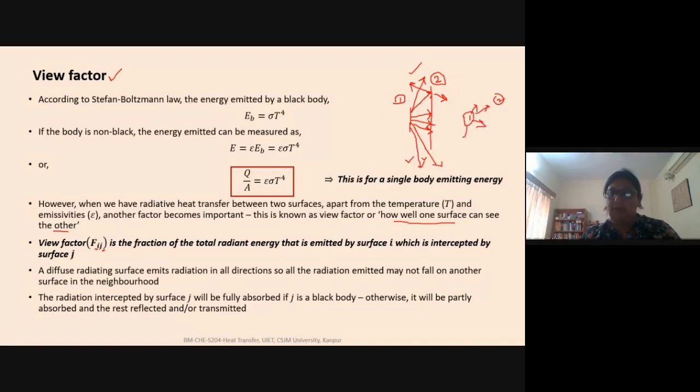But body 1 gives off radiation, especially diffuse radiation, in all possible directions, and not everything necessarily falls on body 2. And how much of what falls on body 2 is absorbed, that is my view factor. So view factor becomes a very important term when we are talking about exchange of heat between two surfaces.